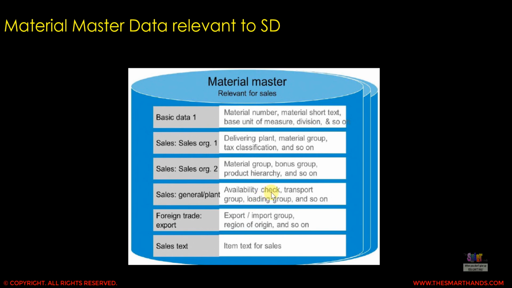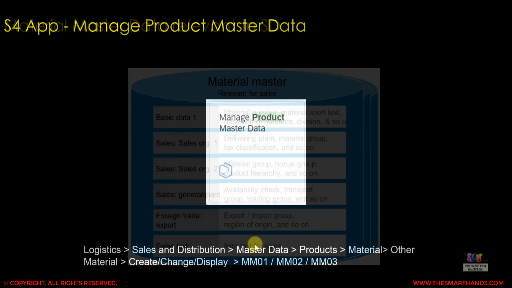Here we maintain availability check, loading group, transportation group, etc. What availability check, transportation group and loading group mean, we'll talk about in more detail in the next videos. Then we got foreign trade export data. Then we got sales text data, where we can maintain some text for that product.